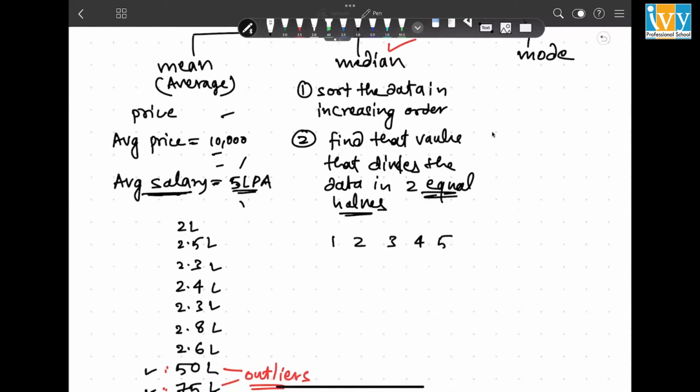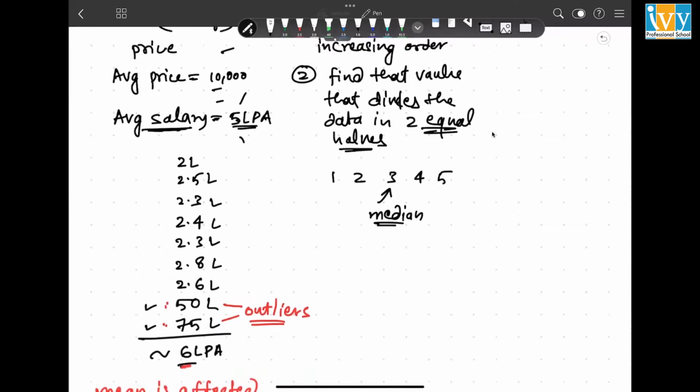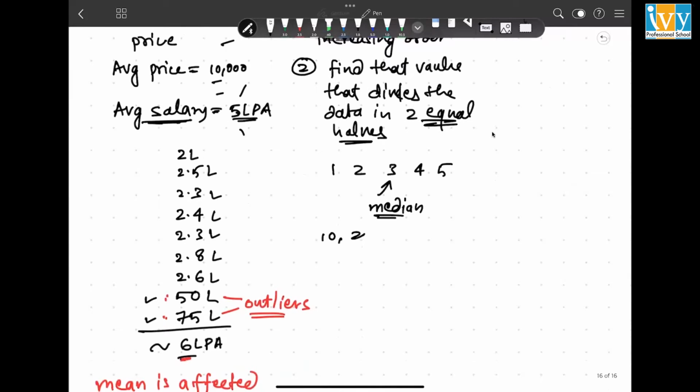Five values are there, so 3 becomes the median value. Let's say 10, 20, 22, 28, 70. 22 becomes the median value, the center point, with values on this side and on this side.